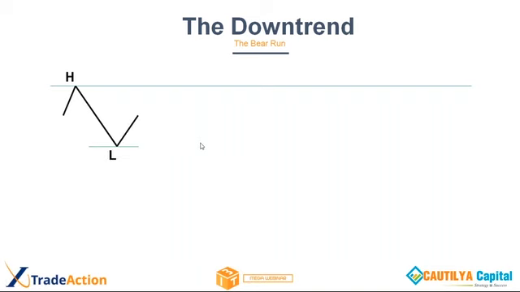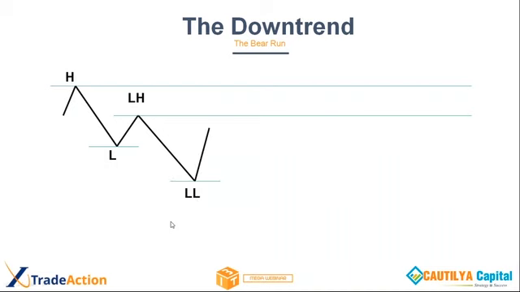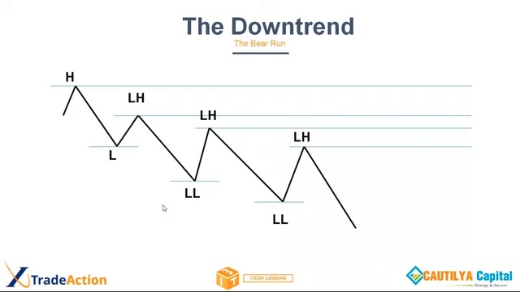It again reacts, forms a low, which is a minor SR again, and again it forms a lower high. It was a high before, now it's a lower high. The price pulls back and comes down further again and forms a lower high again. In the journey, it also formed a lower low. Similarly, it forms a lower high and a lower low.